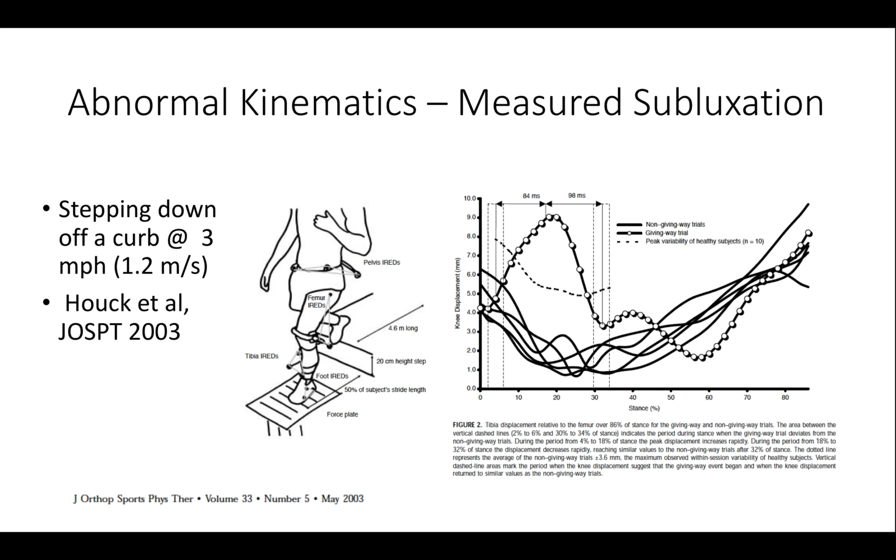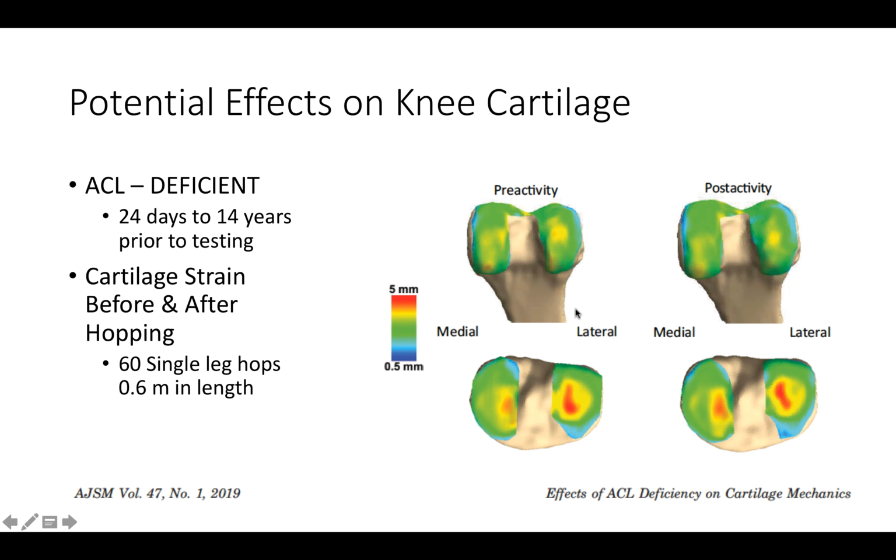These intermittent episodes of giving way are thought to be associated with the development of knee OA and also poor muscular control. The other consequence can be cartilage damage. This data was taken from ACL deficient patients 24 to 14 years prior to testing, so some patients had lived with an ACL deficiency for quite a long time.